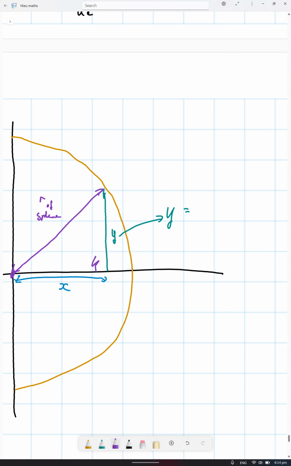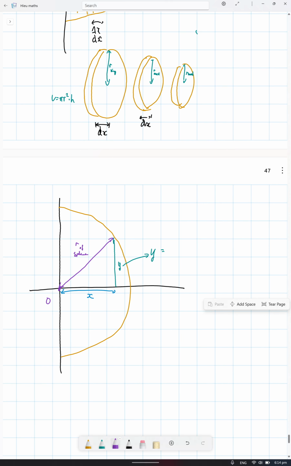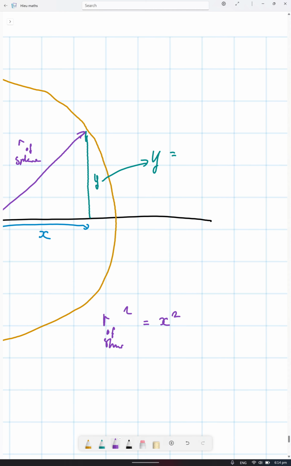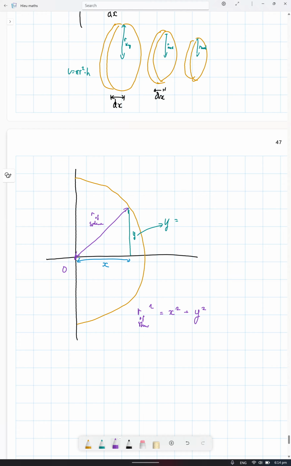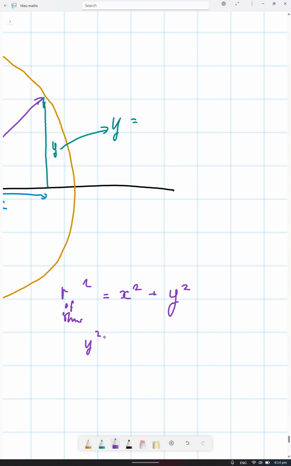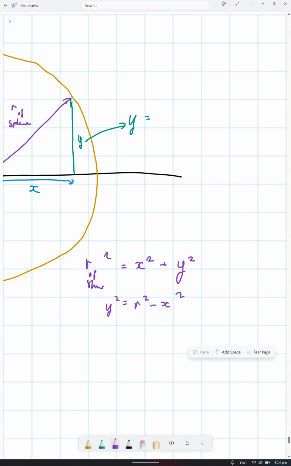So if we use Pythagoras' theorem, the radius of the sphere squared is always going to be equal to whatever the x coordinate is squared plus the corresponding radius at that point, which is the y value squared, right? So if we rearrange this, y squared would be equal to r squared minus x squared. Let me just check. Yes, it is. And then y would be equal to the square root of r squared minus x squared.